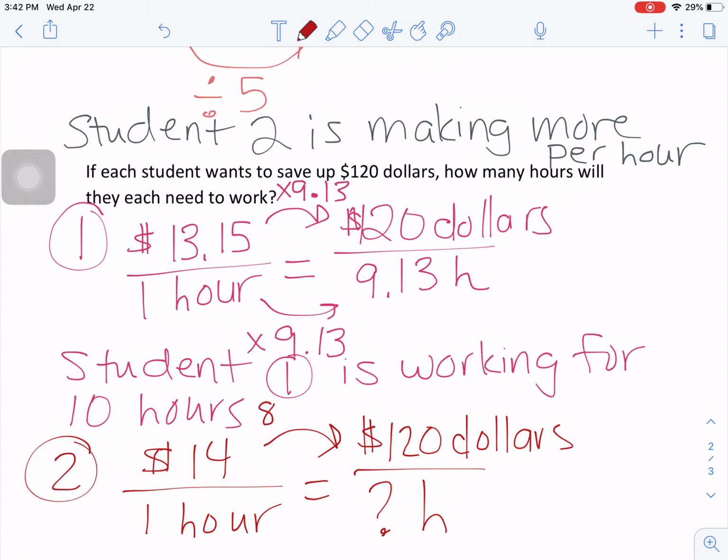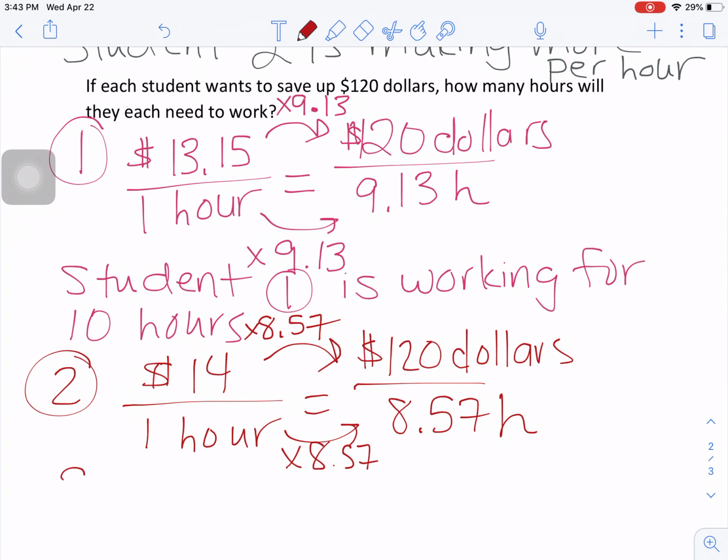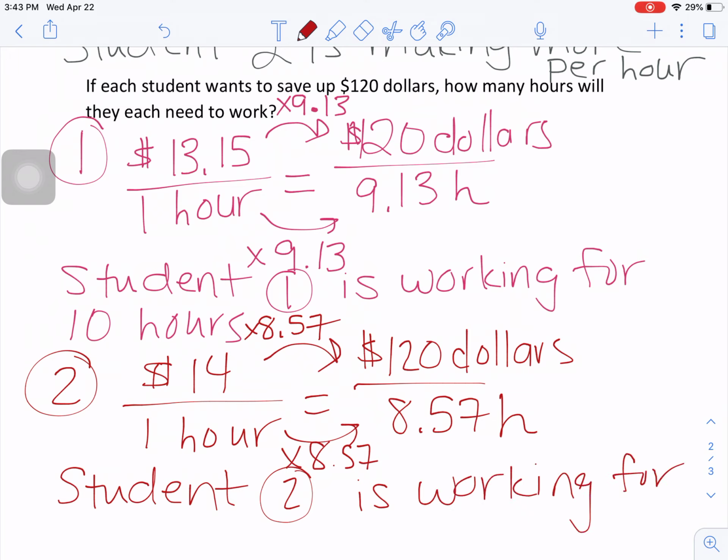That's going to give us 8.57 as our number that we're going to multiply by. And if we take 1 hour and multiply it by that same 8.57, we come up with 8.57 hours. So student 2 then would have to sign up to work for 9 hours.